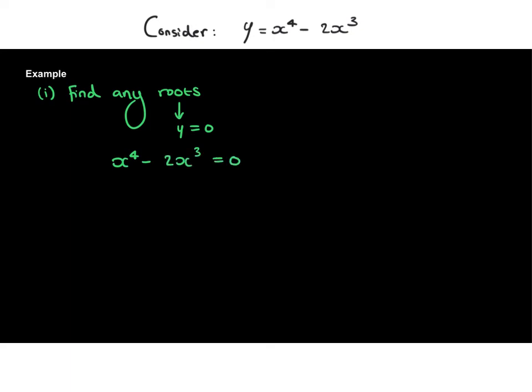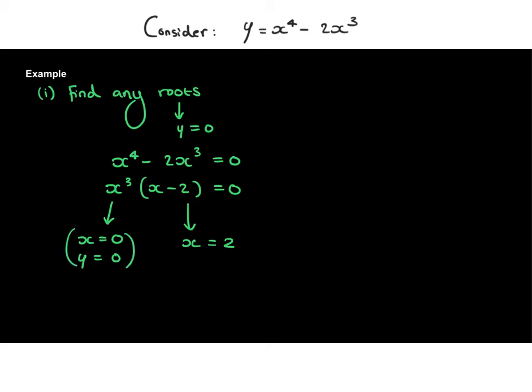Do not move one part over to the other side and then divide through by x cubed. Factorise. x cubed bracket x minus 2 equals 0. And this gives us a repeated root at x equals 0 and another root at x equals 2. And of course the y coordinates are 0 and of course 0. So we have 2 roots.